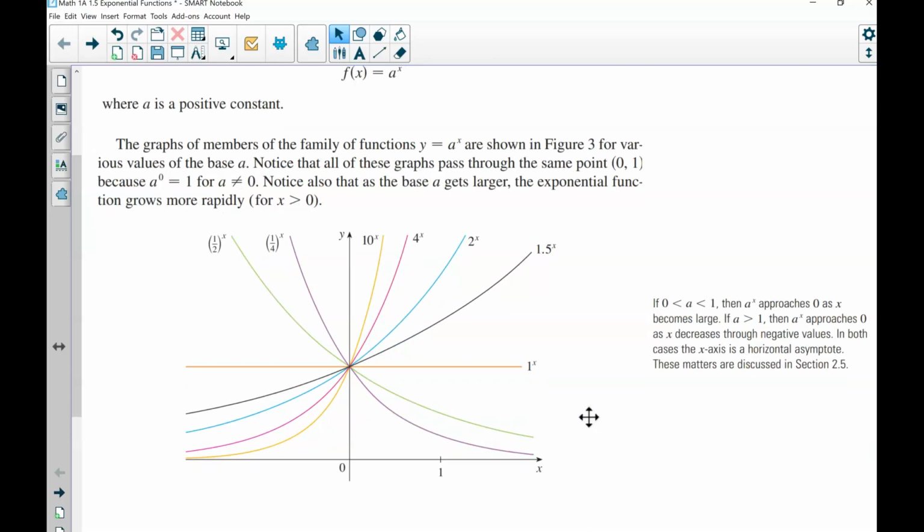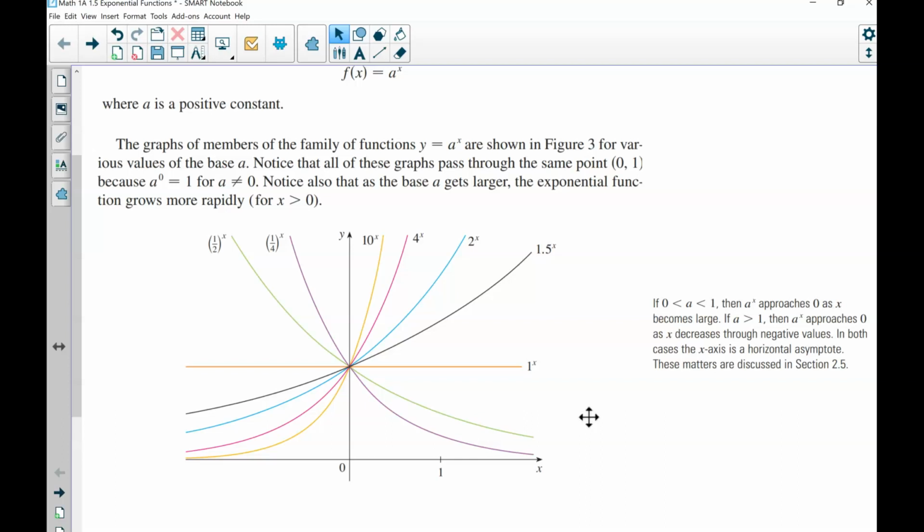Now, you can see from figure 3 that there are basically 3 kinds of exponential functions, y equals a to the x. Again, if a is in between 0 and 1, the function is decreasing.